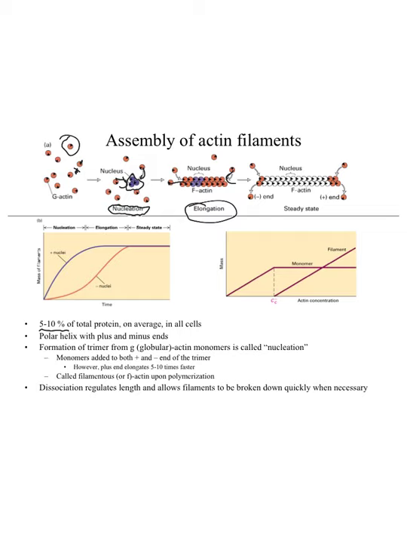Okay? And at some point, we get to a steady state where the filament is of fixed length, and the addition of monomers to the plus end is equally offset by the leaving of monomers from the minus end. That steady state is also called the treadmilling state, and it's analogous to the treadmill that we would run on in the gym.